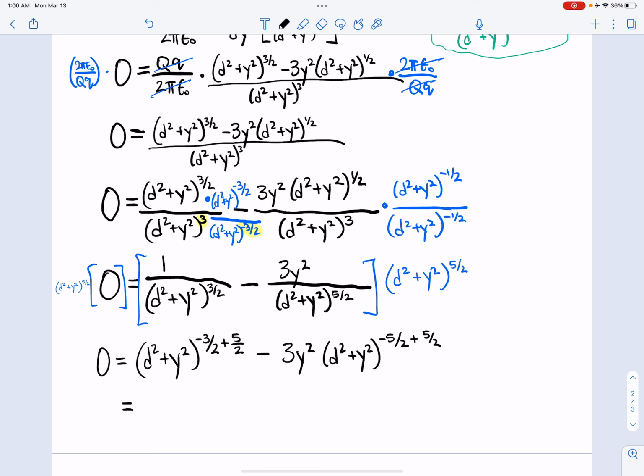So then that becomes d squared plus y squared to the 2 over 2, or to the first power, minus 3y squared times d squared plus y squared to the 0th power.